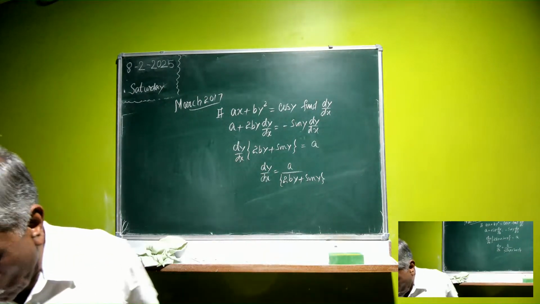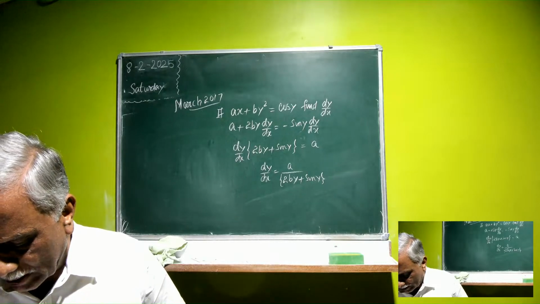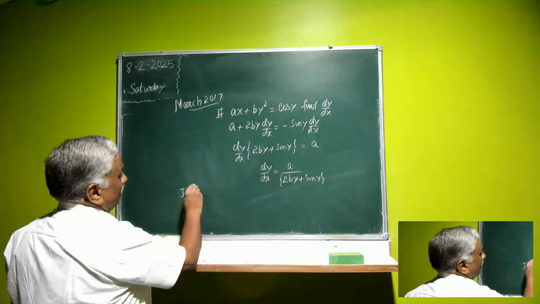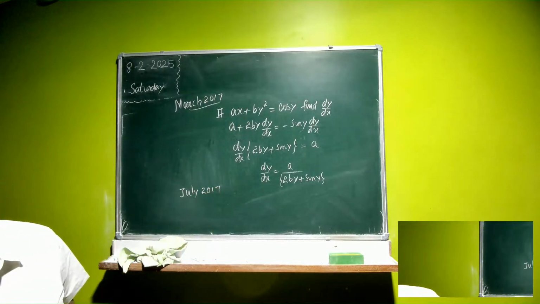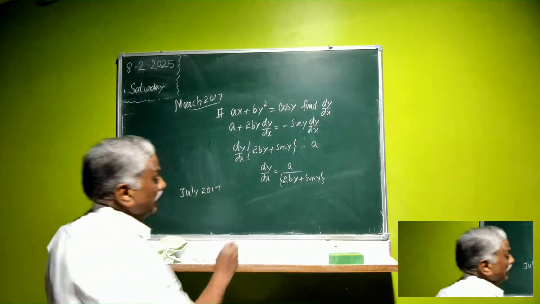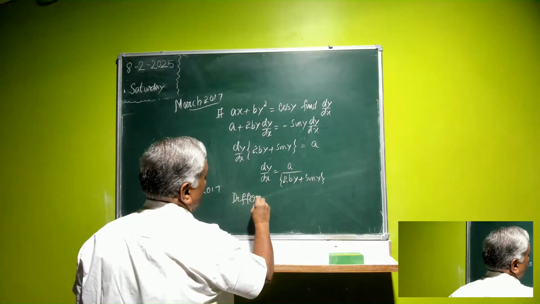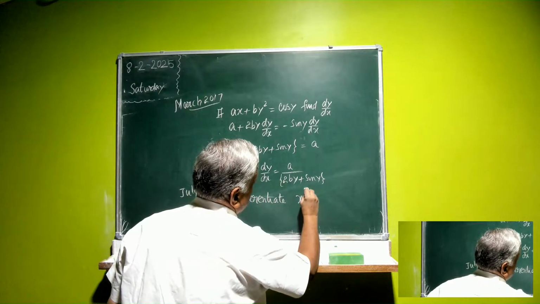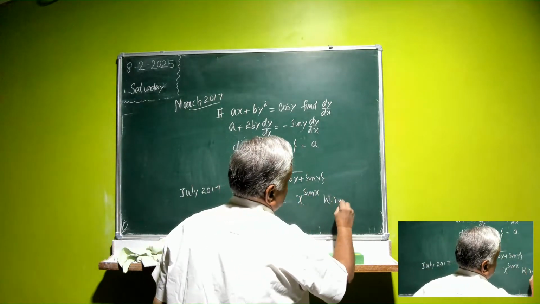The next problem is only one problem in March 2017. So we have to move to July 2017. Differentiate x to the power of sin x with respect to x.